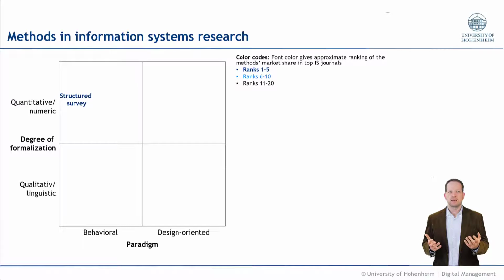Structured surveys are on the behavioral paradigm side, and they are rather quantitative, rather numeric. Structured surveys are research that uses predefined and structured questionnaires to capture data from individuals. Typically nowadays these are online surveys, but it can also be mailed-in pen and paper surveys, or it could even be fully structured in-person interviews following a structured questionnaire.